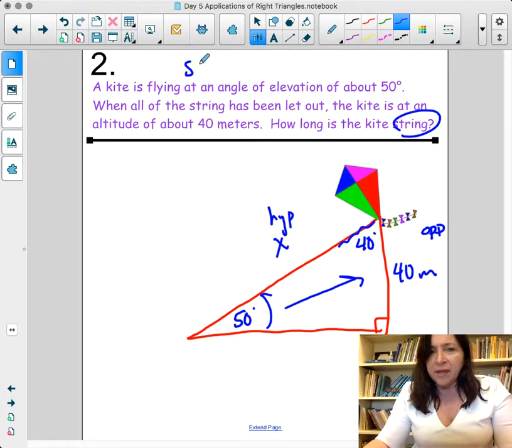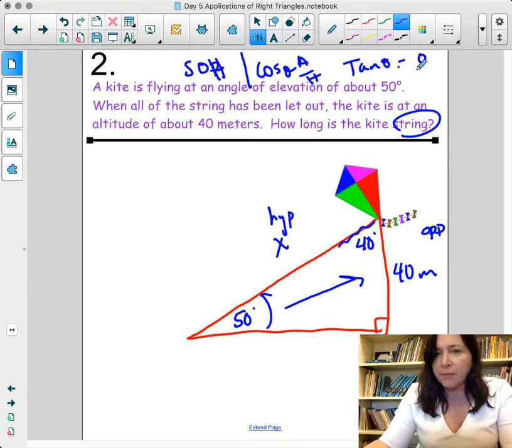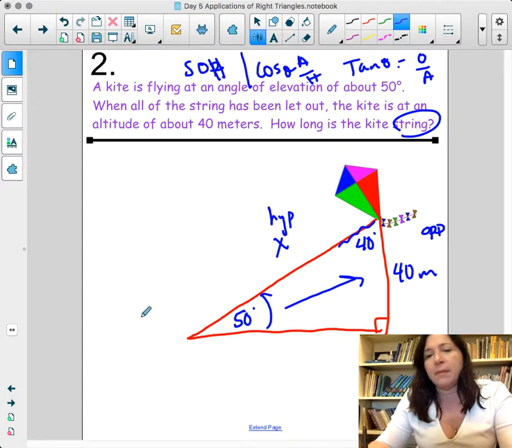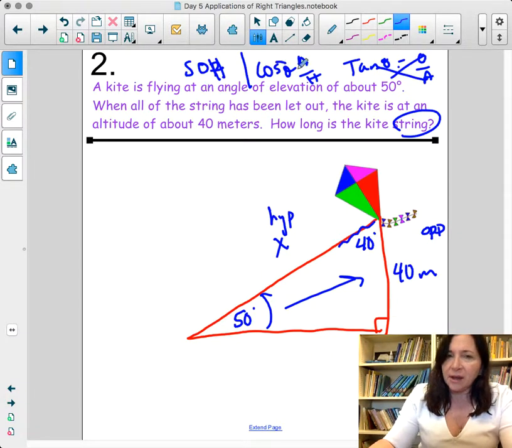Sine is opposite over hypotenuse, cosine is adjacent over hypotenuse, and tangent of an angle is equal to opposite over adjacent. I don't want tangent because I don't have the adjacent side, so we're going to use sine.